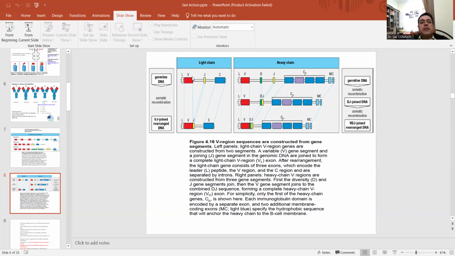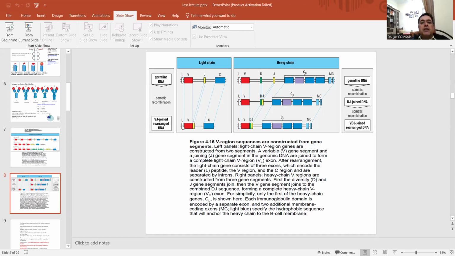And then a rearrangement of this germline DNA has to be carried out in order to make the joining and variable sequences combine with each other. And the constant region sequences are also brought together. There are lots of gene segments at different positions, so they are also brought together.